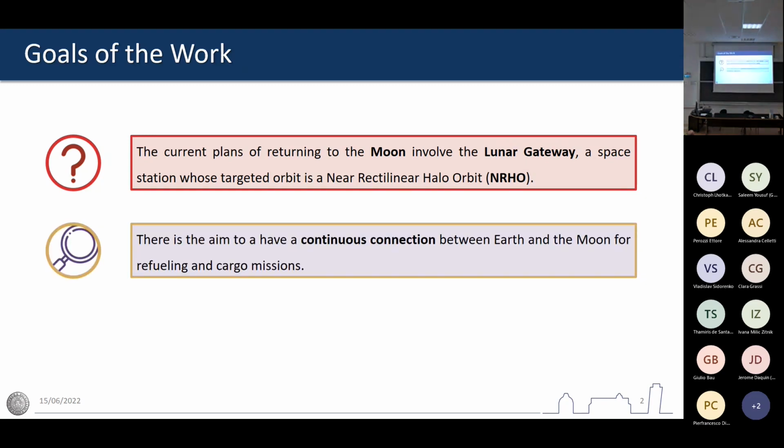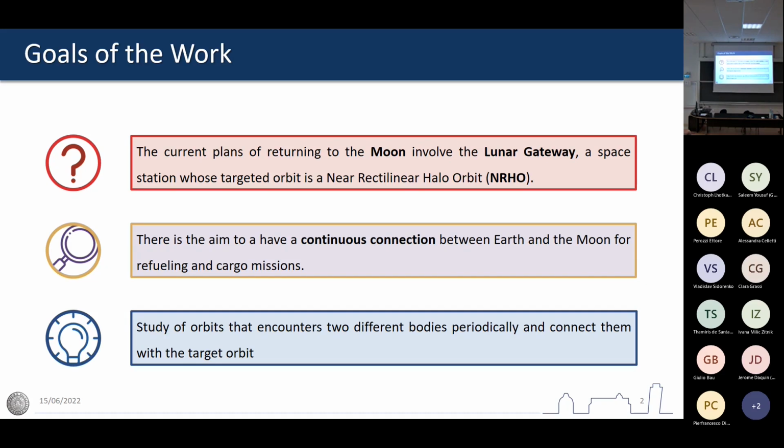Today, this spacecraft, this station, will need to be refurbished. So it will be necessary to have a continuous interchange between the Earth and the Moon to bring supplies to the orbiting space station.